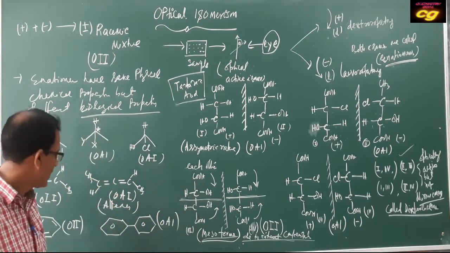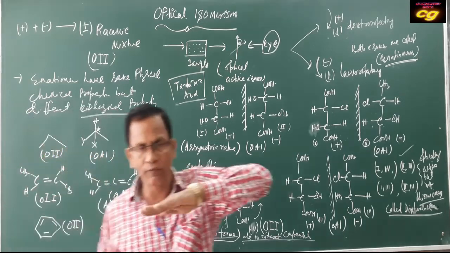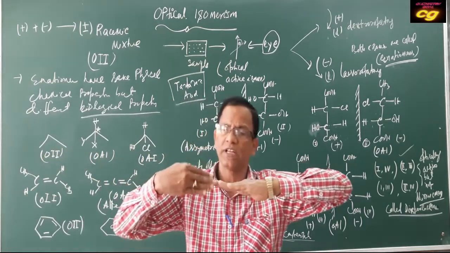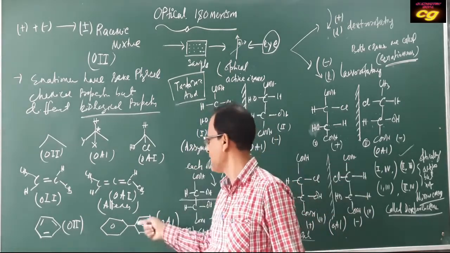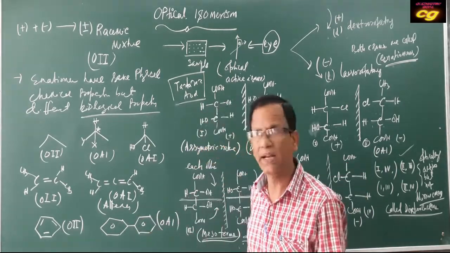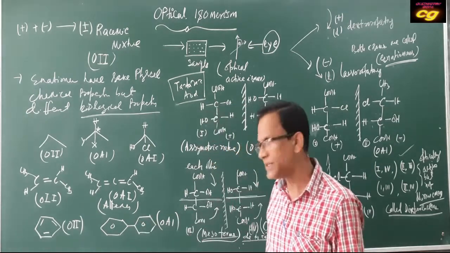Because what? Same, if one benzene is in one plane, the other will be vertical. These two will be in vertical position. That's why they will not be in the same plane. That's why it is optically active.